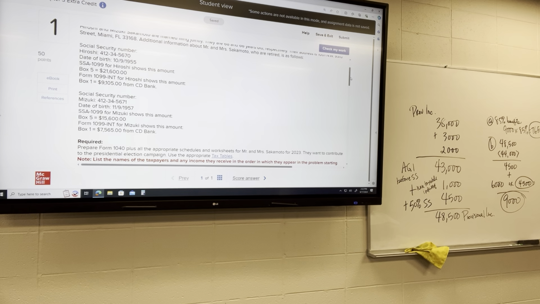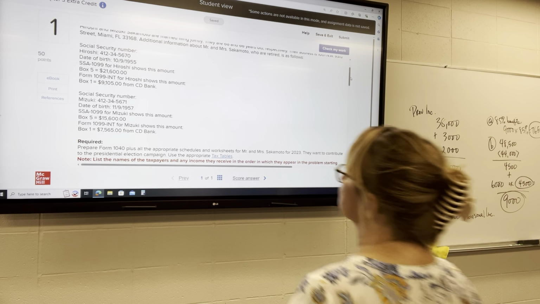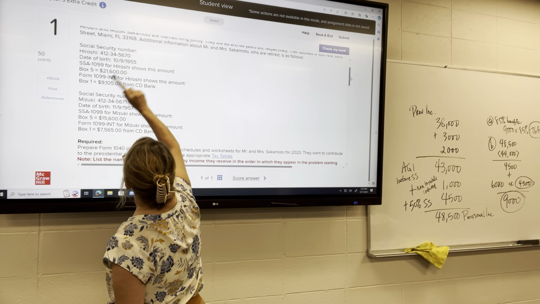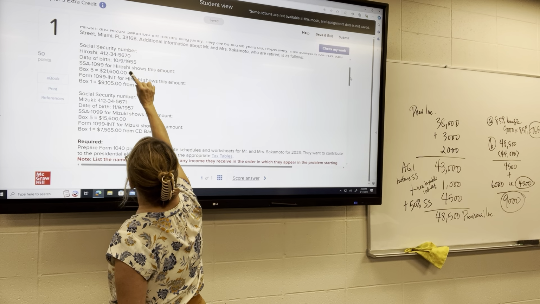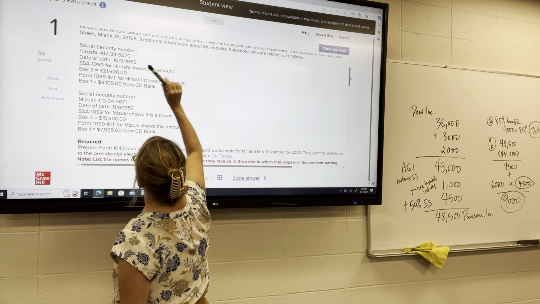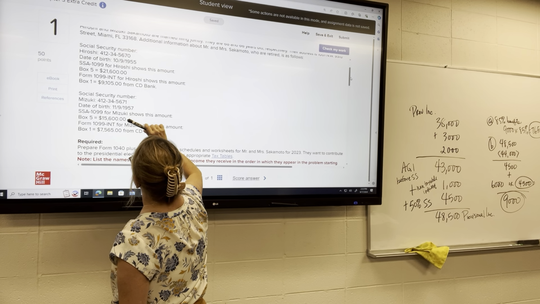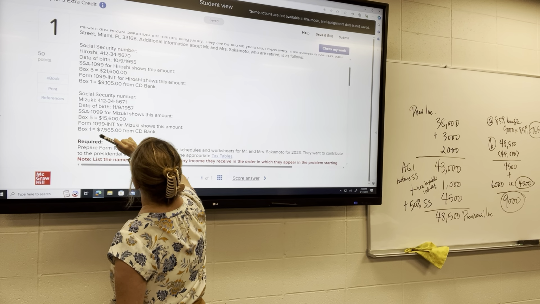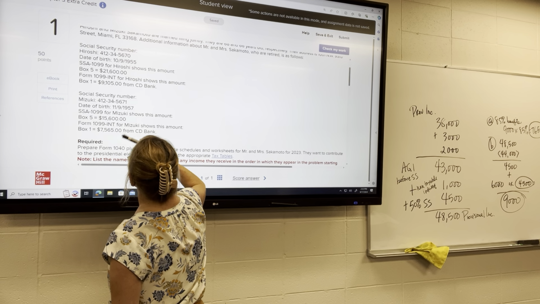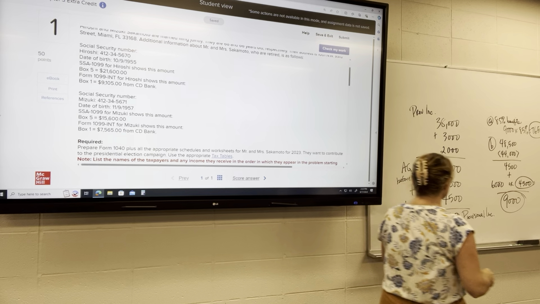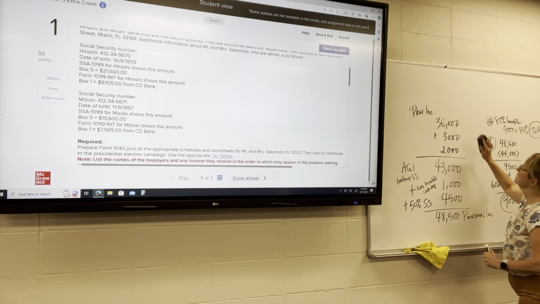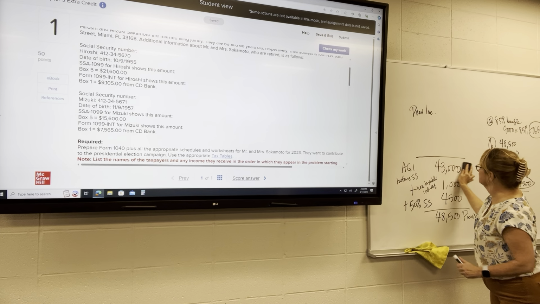So these are the social security benefits. We're not gonna include that in our provisional income. And then they've got interest income here. So we do need to include that.